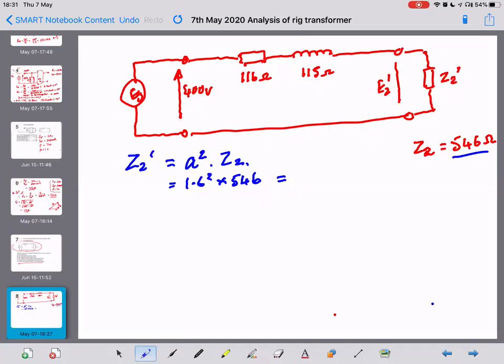Right, what's this Z2 dash, boys? What did that come out to? 1397. 1398 actually.